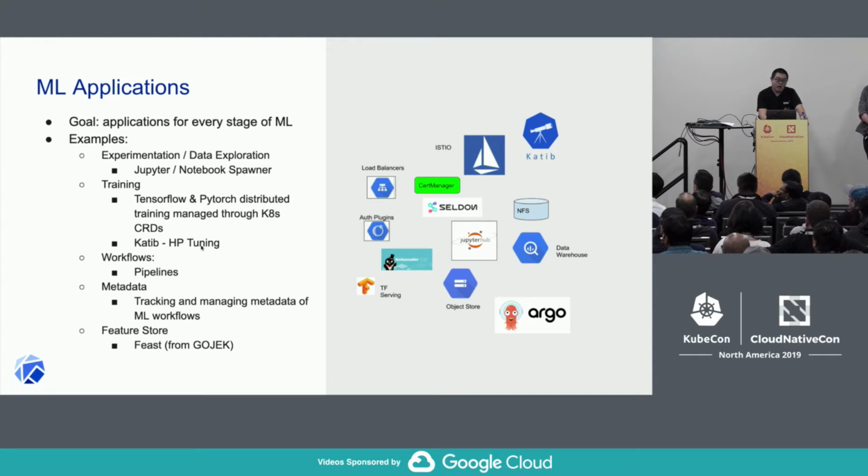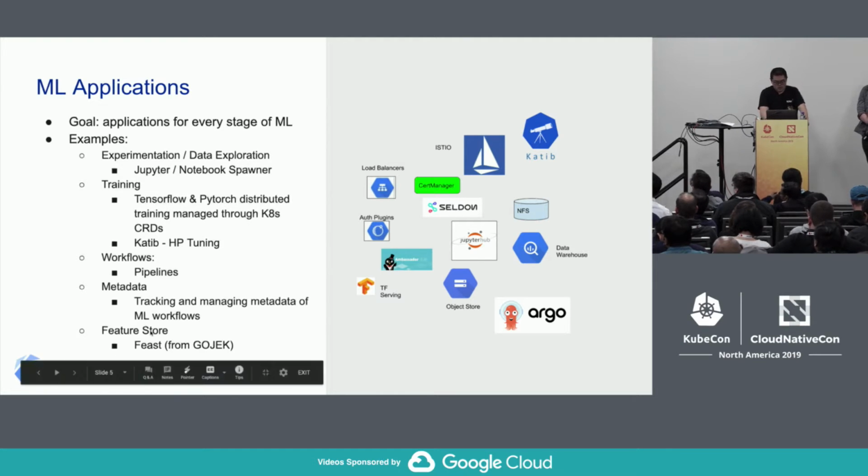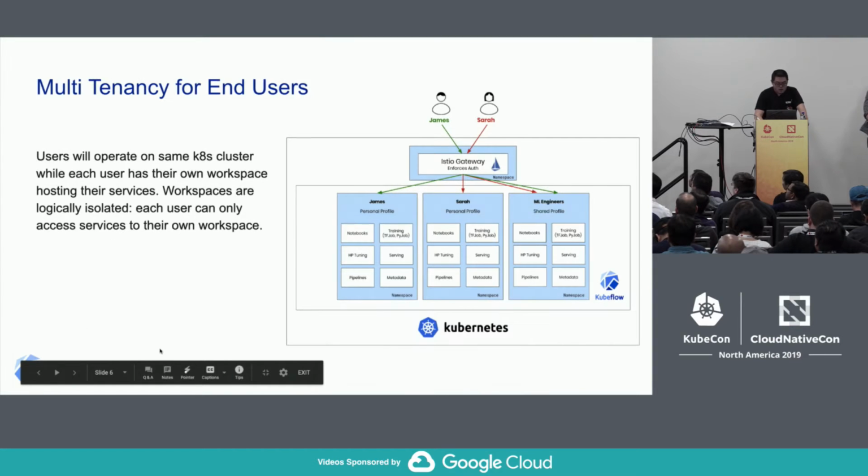If you want to build a DAG, for example, all the way from data labeling to training to serving and to monitoring the feedback and re-entering the loop, I can build pipelines to build an ML workloads DAG. And we have metadata to record the metadata of every step of the pipeline. And for feature store, options are also available.